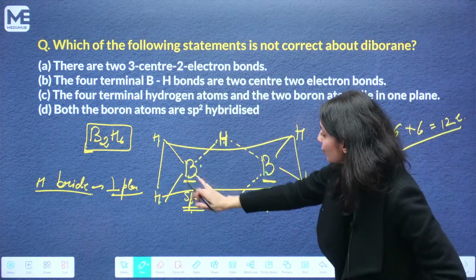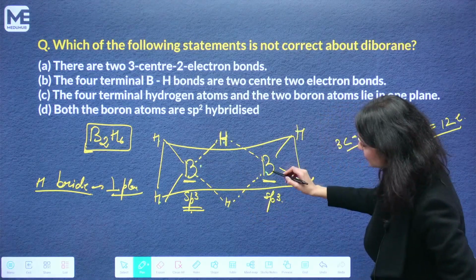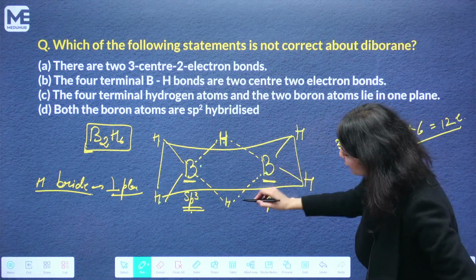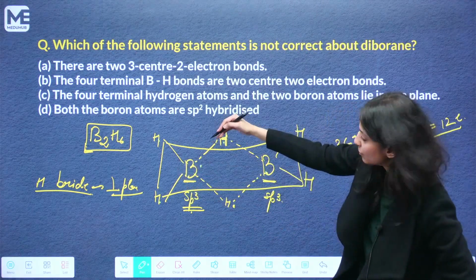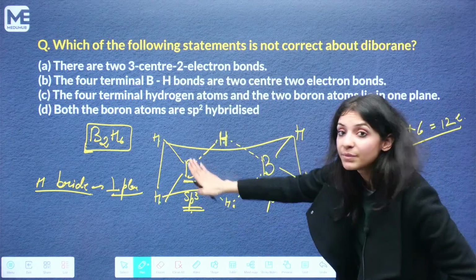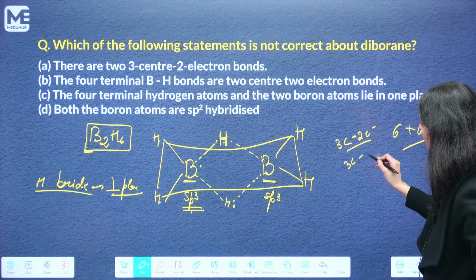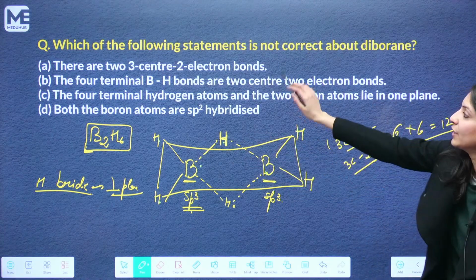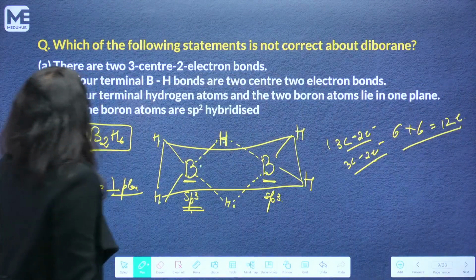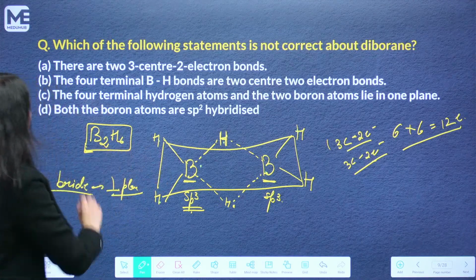Similarly, this boron is forming a bridge with this hydrogen and this other boron. This boron gives 1 electron, this hydrogen gives 1 electron, and the other boron has already given its electron to this hydrogen. So this complete bridge again has 2 electrons in all, but 3 centers. So they are 2 three-center two-electron bonds, which is correct. Now the 4 terminal BH bonds are 2 center 2 electron bonds. That is again true because these are normal covalent bonds.